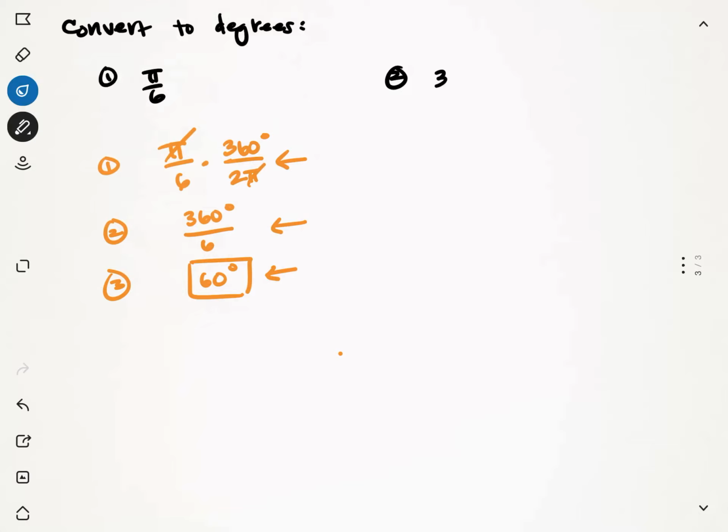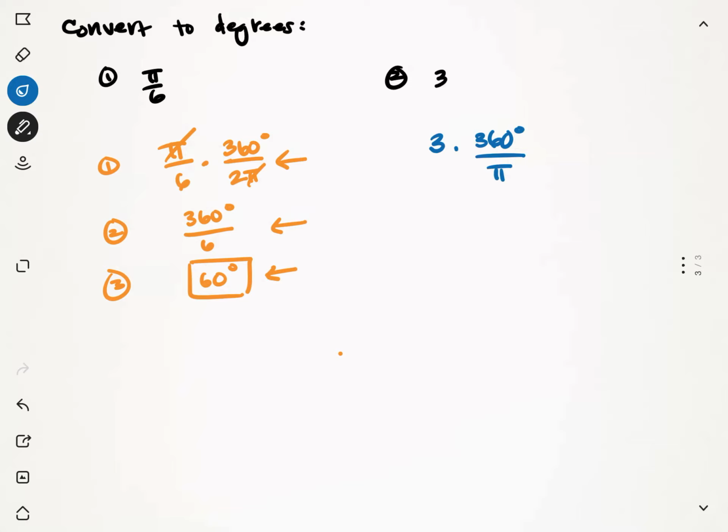Okay, let's try the same idea here. This one's a little bit trickier because there's no pi, which is fine. Sometimes we just have radians without pi's. We're gonna follow the same steps. We want our degrees in the end. So we have our 360 on top. We have our pi on the bottom. We're gonna multiply this whole thing out.